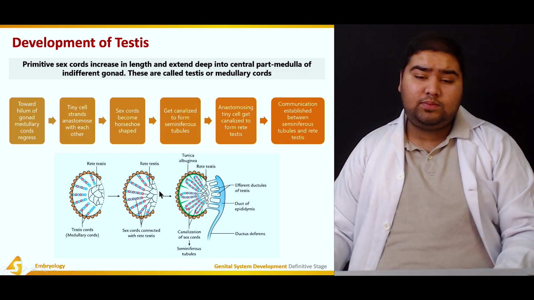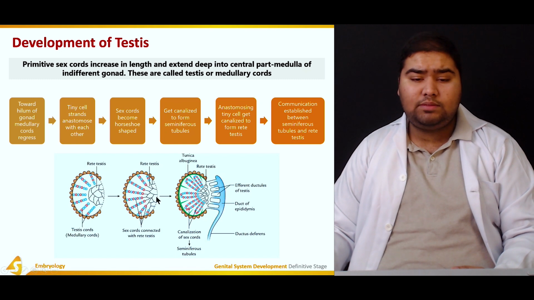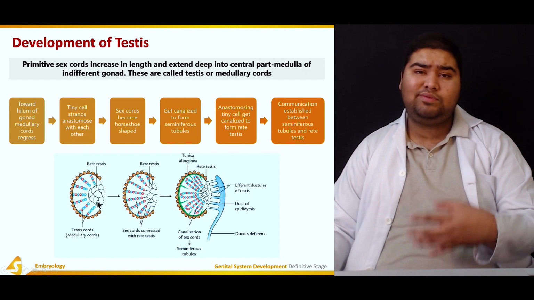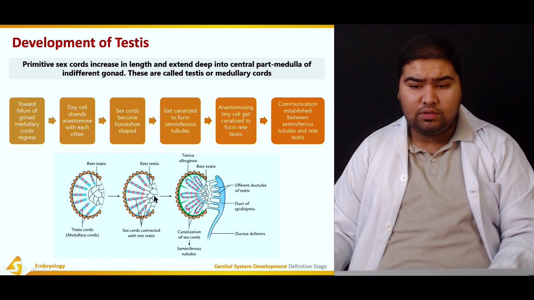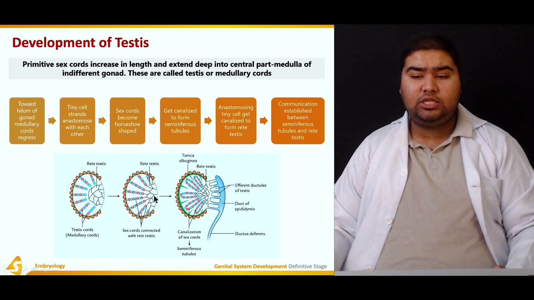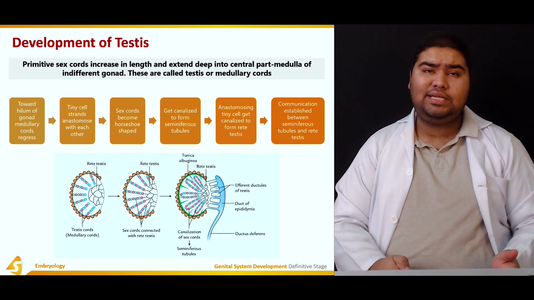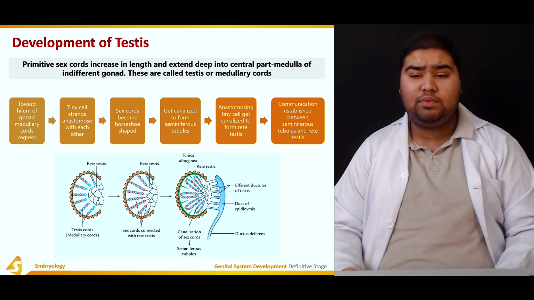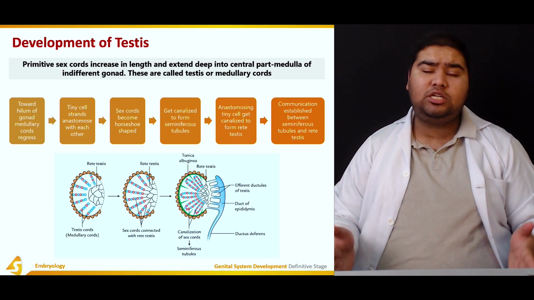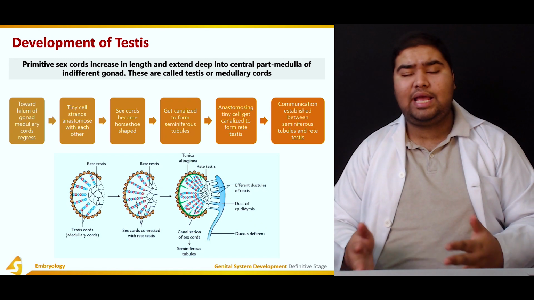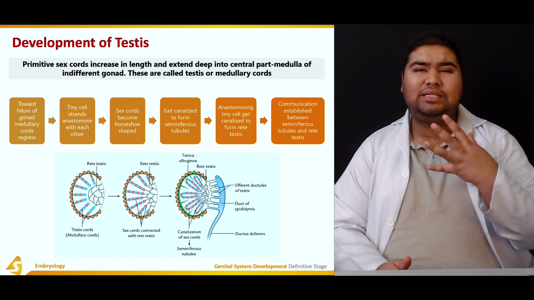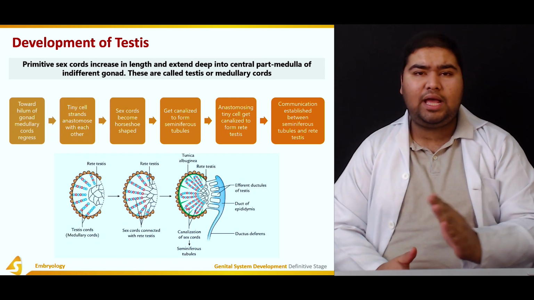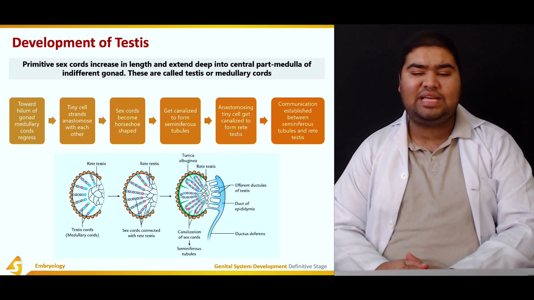Now a small anastomosis occurs between the cells of the rete testes, which were the horseshoe-shaped cells, and the seminiferous tubules. The communication between the rete testes and the seminiferous tubules helps in the connection between the proximal and the distal end of the developing gonad. Slightly difficult, slightly confusing, but if you keep an eye on the figure, you'll be able to understand it completely.